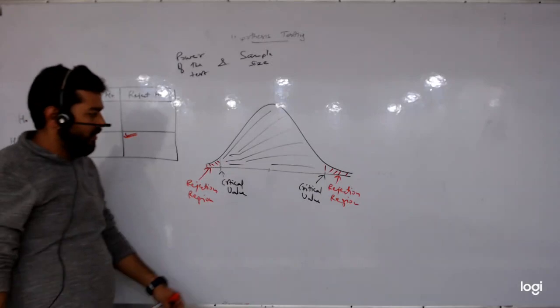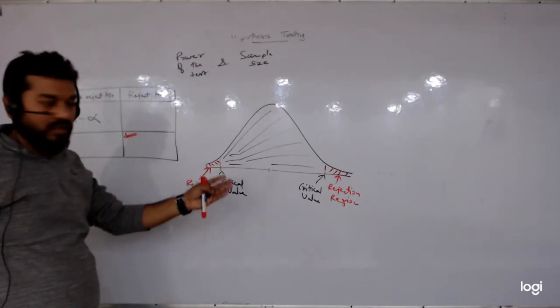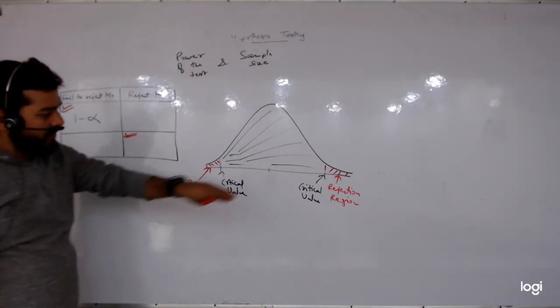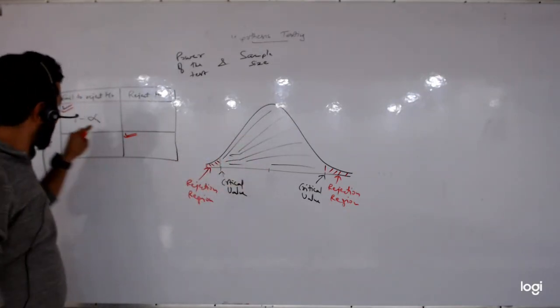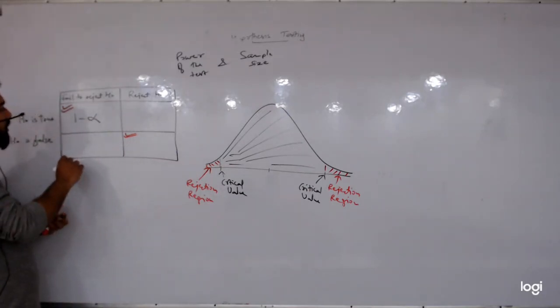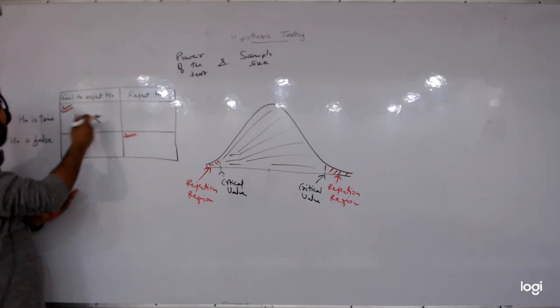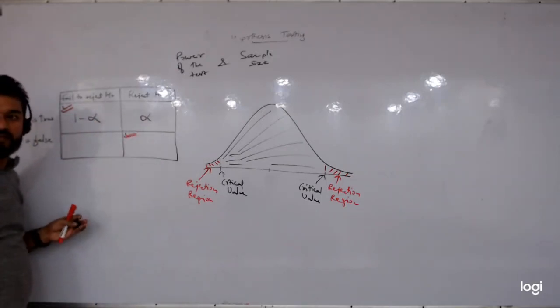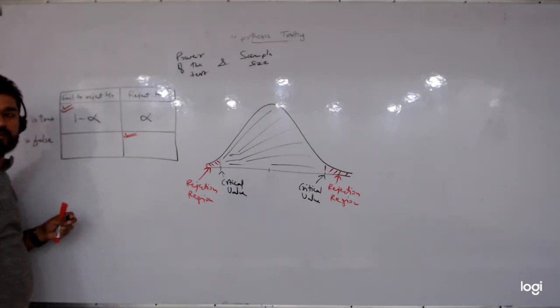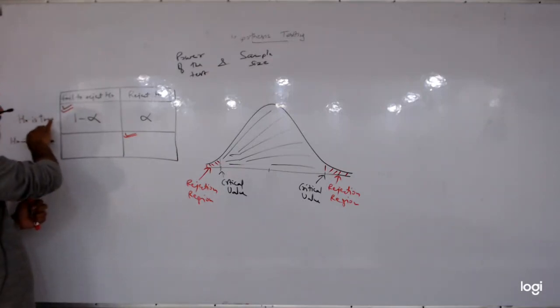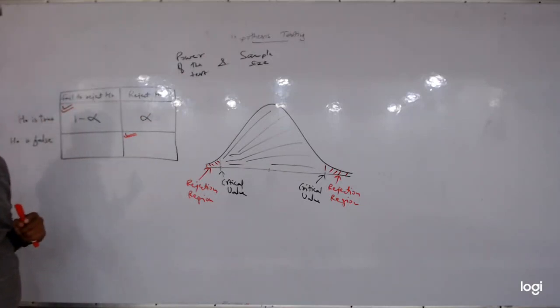So the probability of failing to reject H naught when it's actually true is 1 minus alpha. If it's true, either we reject it or we fail to reject it. This is going to be alpha.